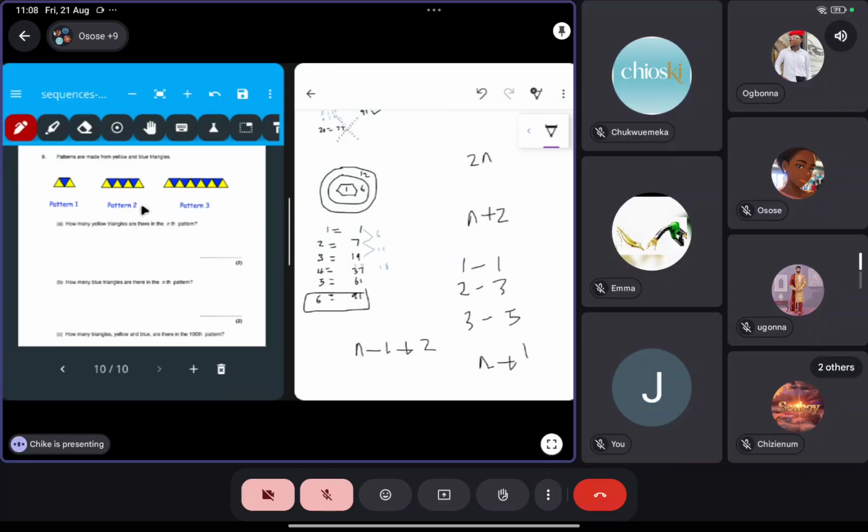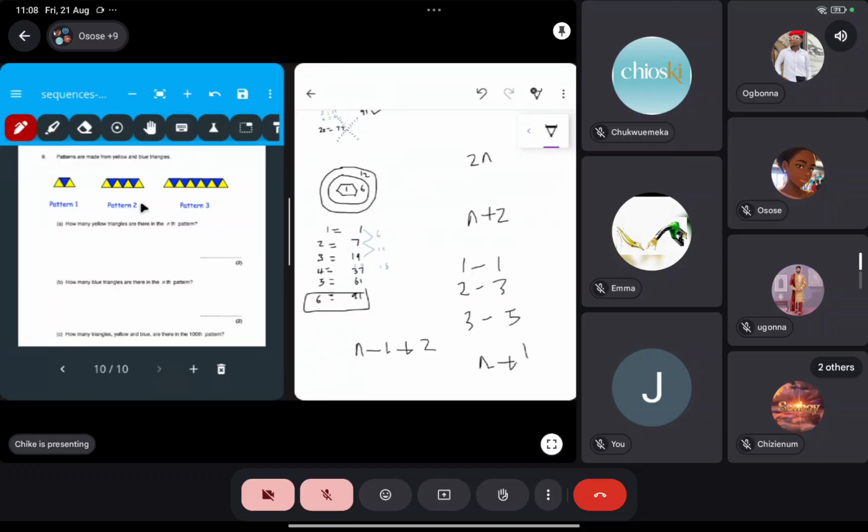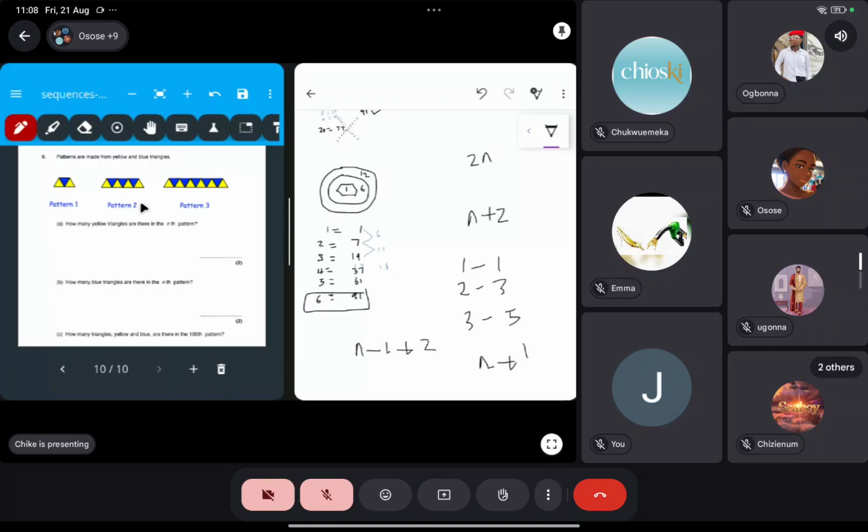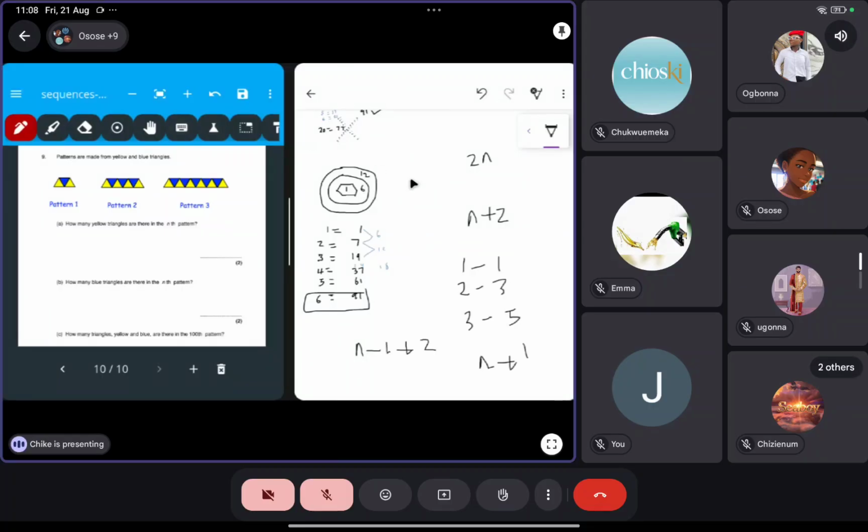So let's think. Okay, let me help us out. 2n minus 1. Let's try.